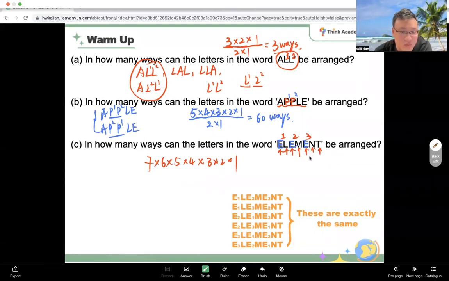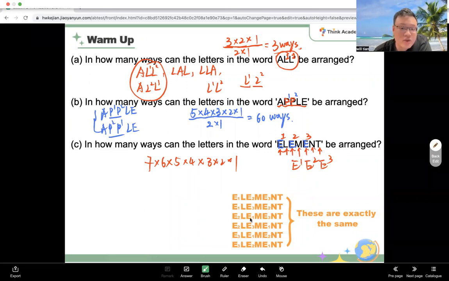But that way you will duplicate because you treat the 3 same E's as different. So let's figure out, as for E1, E2, E3, how many different ways we duplicate that. And here I just list all of that for you. You have E1, E2, E3, and you also have E1, E3, E2.